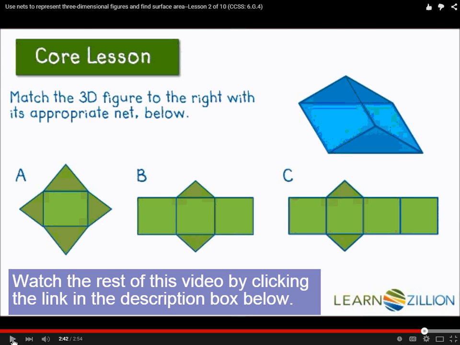Raise your hand if you think it's C. All right, why is it not A? Yeah, how many triangles are on the blue figure? 2. How many triangles are on A? 4. So A is actually a pyramid.